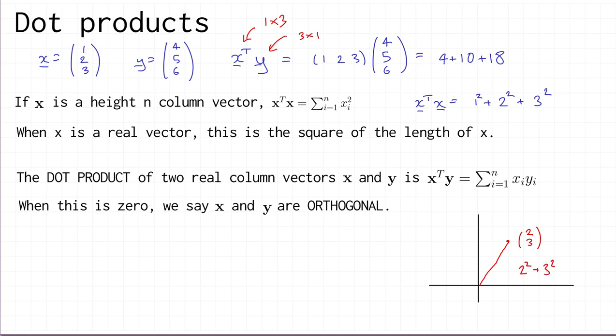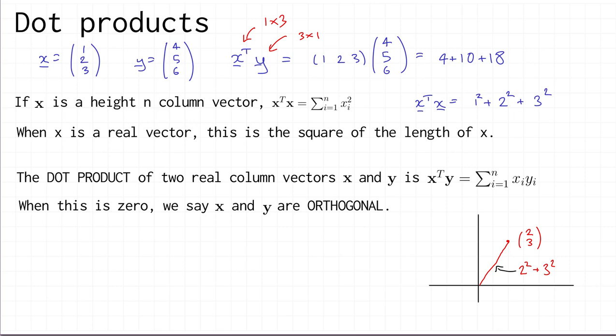That's the length of this diagonal line here. So the length of the line from the origin to the point represented by this vector. So for real vectors, at least, there is geometric meaning for these dot products. So the matrix multiplication X transpose times X gives you the square of the length of X.